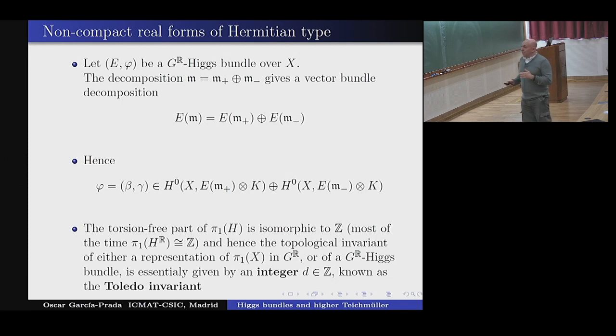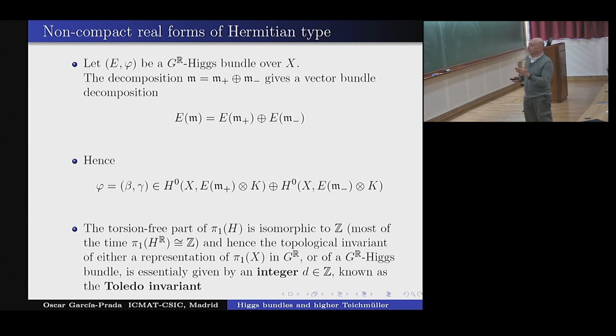And the other important fact, similar to the case of SL2R, which is the simplest example of groups of this type, is that the topological invariant associated to a Higgs bundle, which is the topological invariant of the H bundle E, which is always an element in the fundamental group of H, happens to be an integer, right?